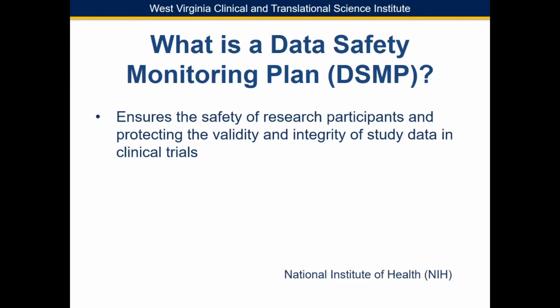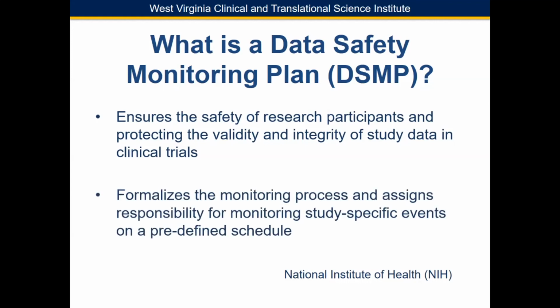Hence, the methods and intensity of monitoring should be commensurate with the risk, nature, size, and complexity of the trial. In that DSMP, you're going to formalize the monitoring process and assign responsibility for monitoring study-specific events on a predefined schedule. So making sure that that's set up in your DSMP.